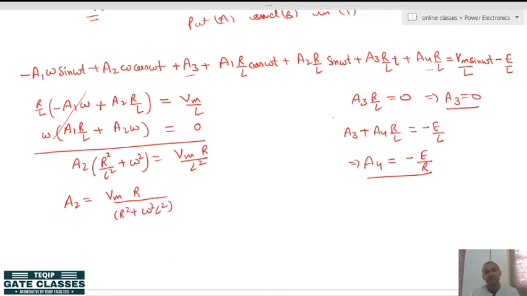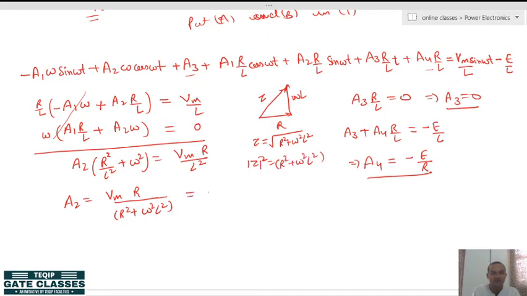Since we know that if you have got an impedance triangle, means if there is r, if there is omega L, you will get z, where z is under root r square plus omega square L square. Hence this term can be written as mod z square is equal to r square plus omega square L square.